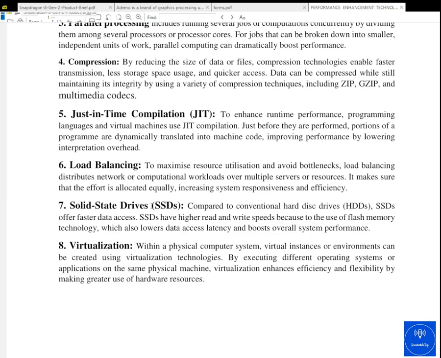Another way of improving performance of a computer system is the use of solid state devices. Now, solid state devices are normally faster as compared to hard disk drives, right? Because of how they've been configured, because of how they are organized.